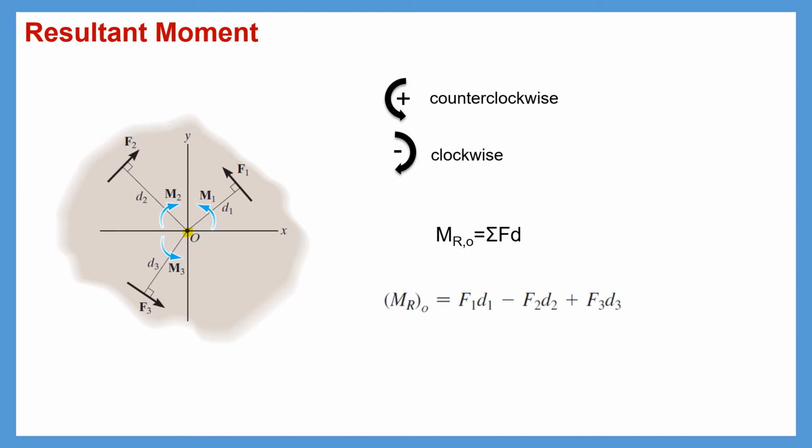So the resultant moment, here denoted by Mr, at point O will be equal to the sum of moments of all forces.